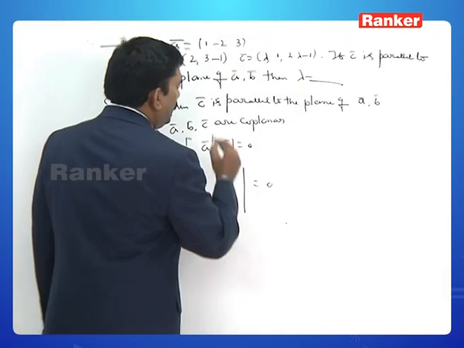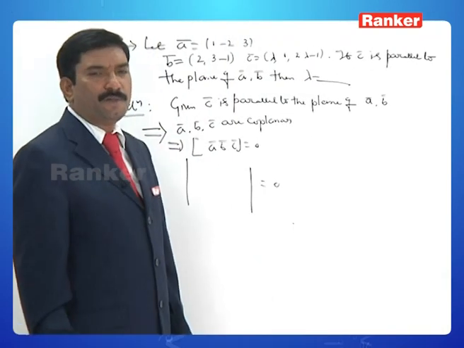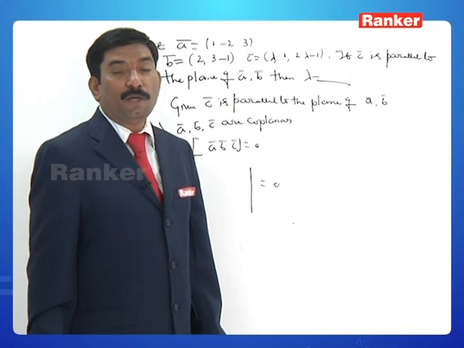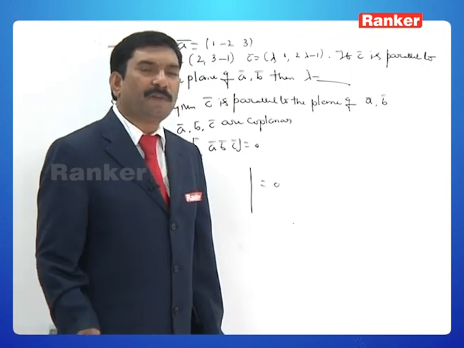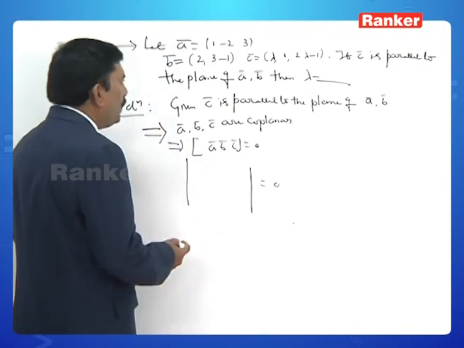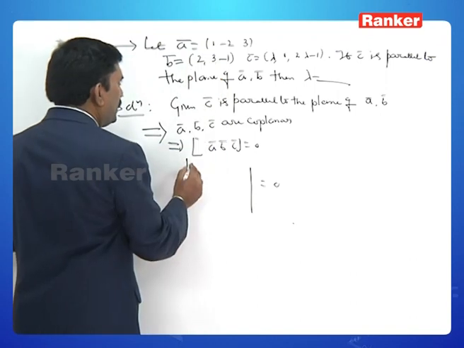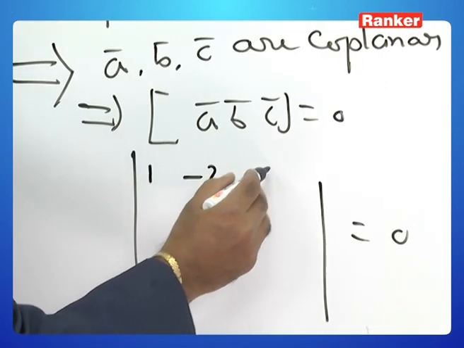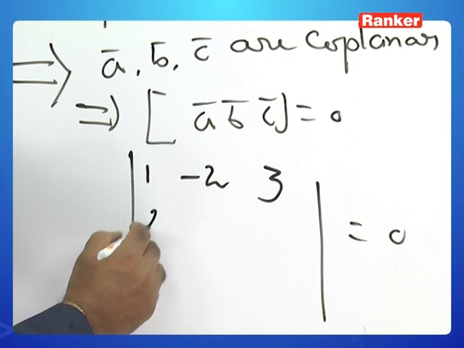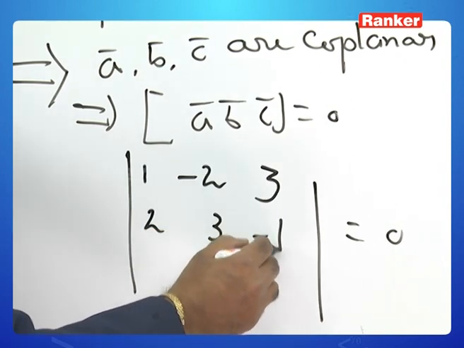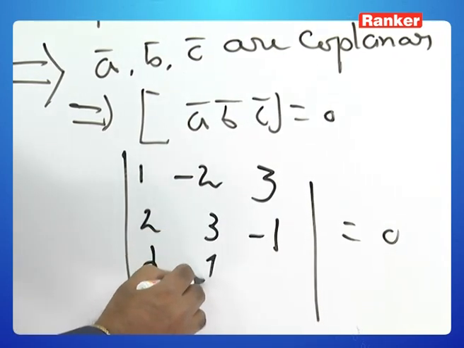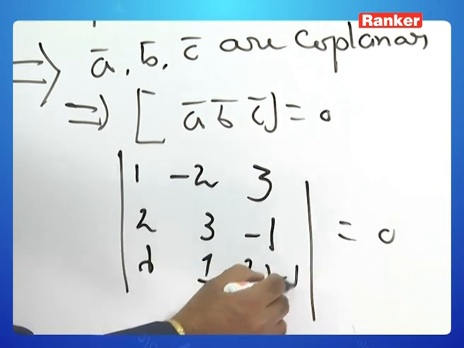Since the given vectors are in terms of i, j, k, no need to write that into box of ijk. So now you write the coefficients of i, j, k: 1, minus 2, 3; 2, 3, minus 1; lambda, 1, 2 lambda minus 1.